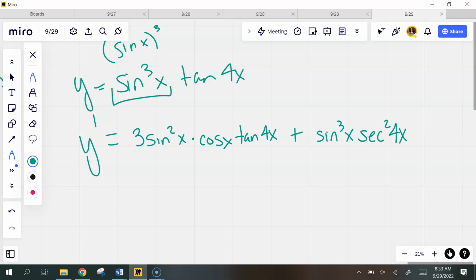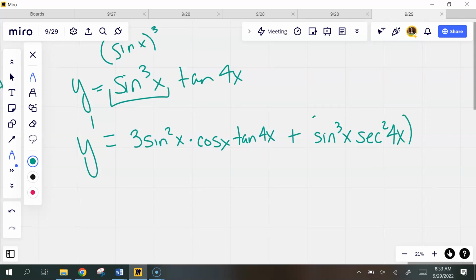The 4x stays, but now I need to take the derivative of 4x, which is 4. Only thing I would do here really is maybe move that little 4 around to the front.